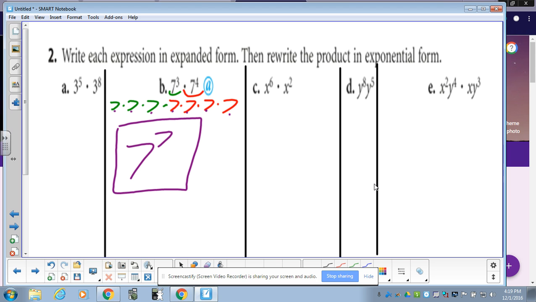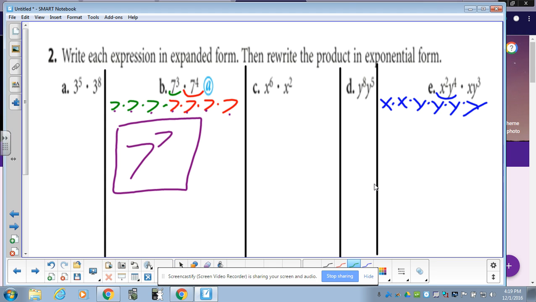Now, let's look at E, because my name is Etheridge. Let's first expand out our first statement here. This is x times y times y times y times y. 1, 2, all right, we got them all there.